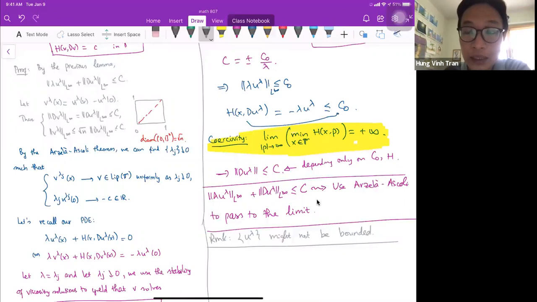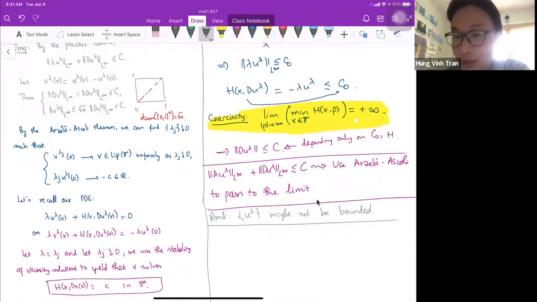Nevertheless, we are in a compact setting. Although u lambda is not bounded, I have that the gradient of u lambda is bounded, right? So I have du lambda is bounded, and we are in the torus, which is compact. This is being identified as [0,1] to the power n, being identified, and is compact, right?